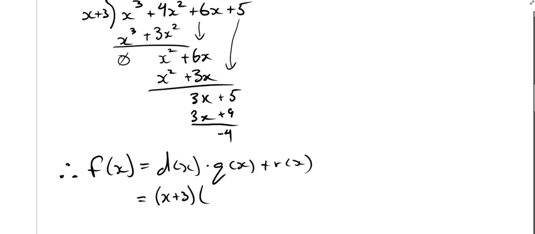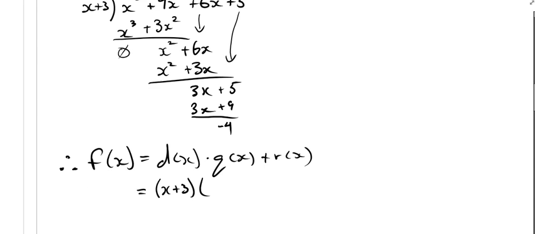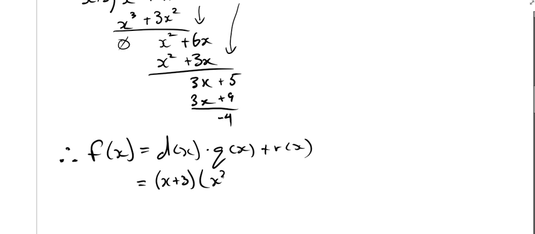What's the quotient? That's that thing at the top, x squared plus x plus 3. And my remainder was negative 4, so just minus 4. Any questions about that?